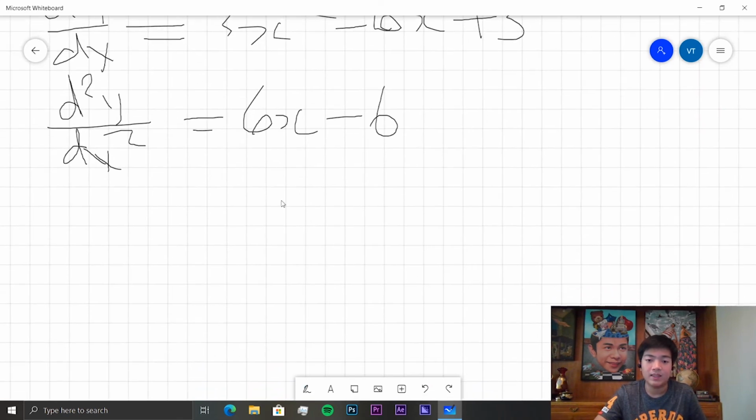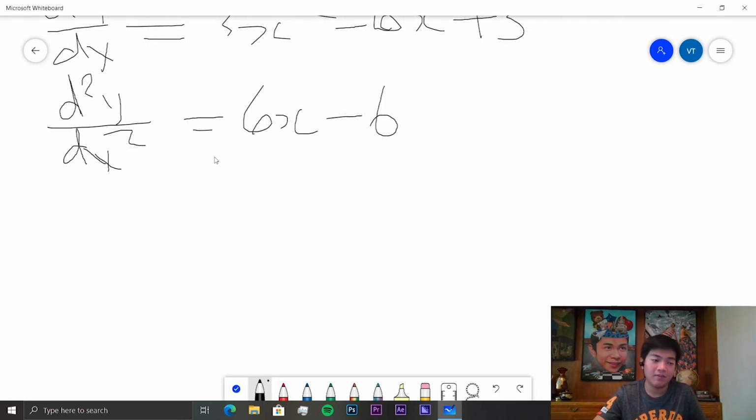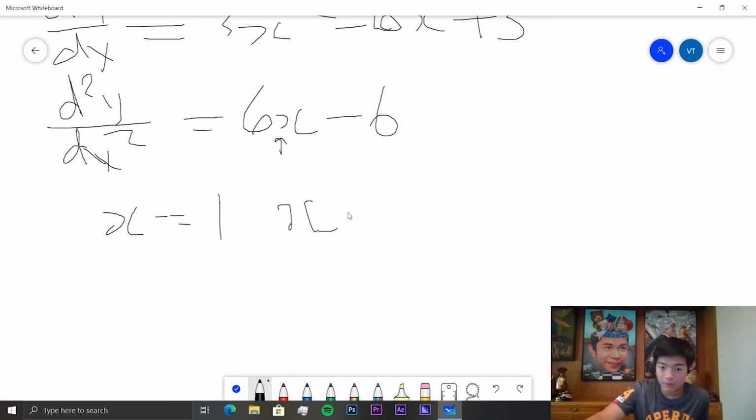So at this point, we know we have a point of inflection at x equal to 1. And so, again, for all points below 1, we should be concave down, and for all points above 1, we should be concave up.